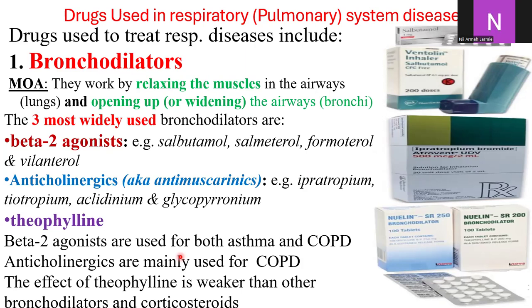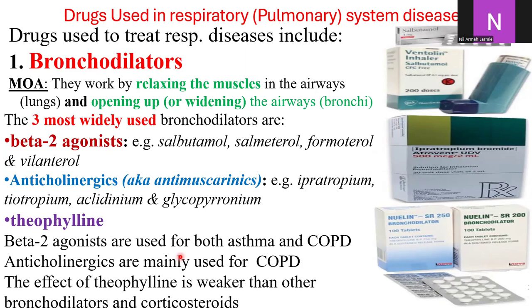There is the third member, which is theophylline. Among the three, theophylline is the weakest of them. It is also used mostly in over-the-counter medications, and it has been used, like the others, for asthma and COPD.